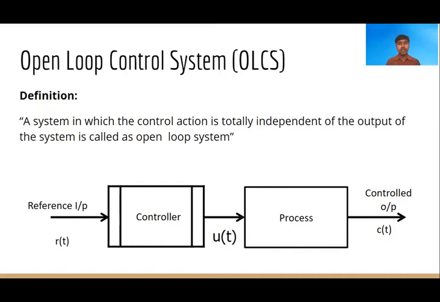But here the controller doesn't bother about what output is delivered by the process. That means irrespective of the output, whether it is our desired output or not, the control system will continuously deliver the same output. This is called the open loop control system.